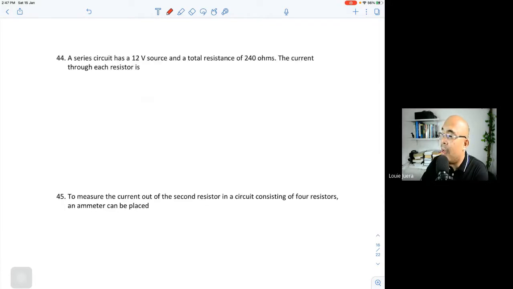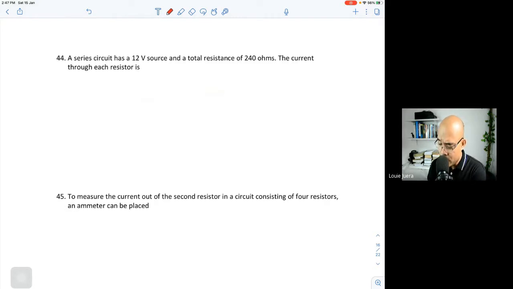Next, a series circuit has a 12-volt source and a total resistance of 240 ohms. What is the current through each resistor? Since they are connected in series, if we can compute the R total, we can compute the current of each resistor. So we just have to divide.